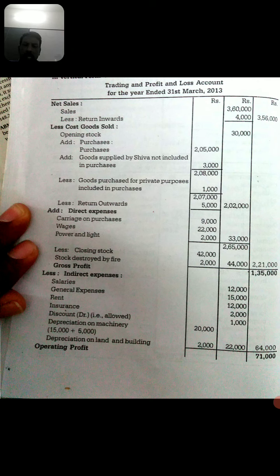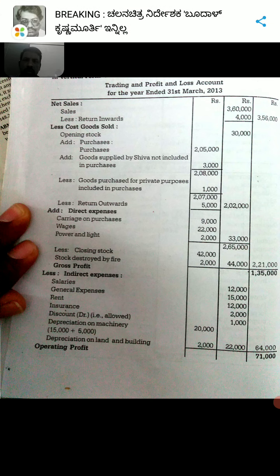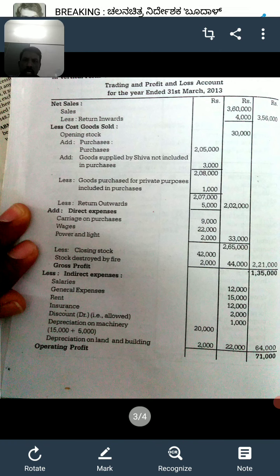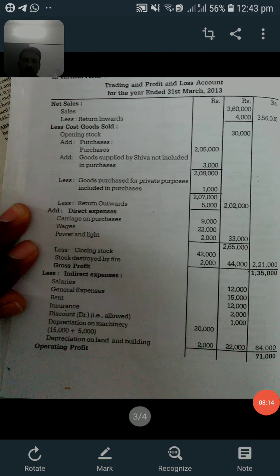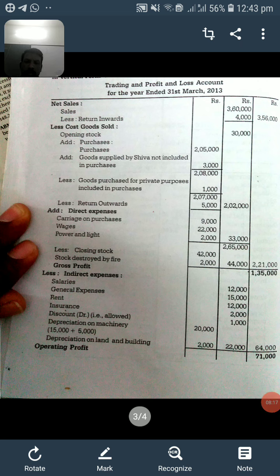So 15,000 plus 5,000, 20,000 is total depreciation on machinery, and depreciation on land and building is rupees 2,000. So 20,000 plus 2,000, 22,000. Total indirect expenses 64,000. So 1,35,000 minus 64,000, operating profit is rupees 71,000.